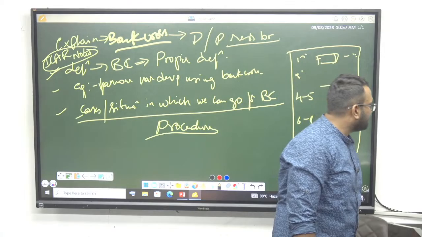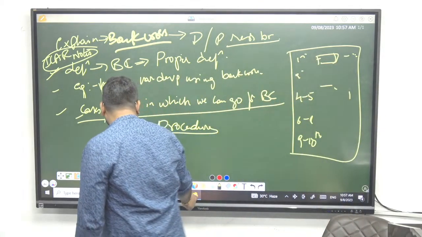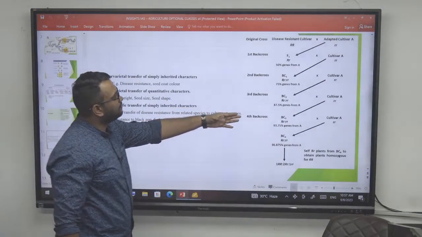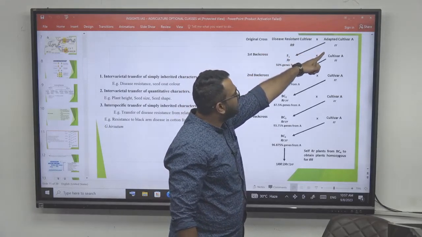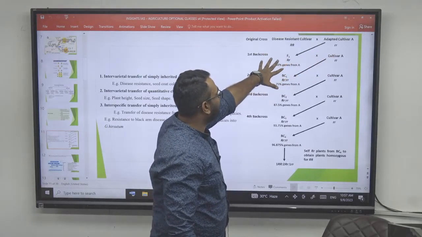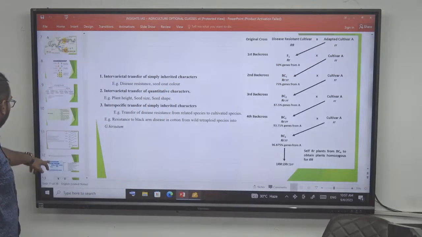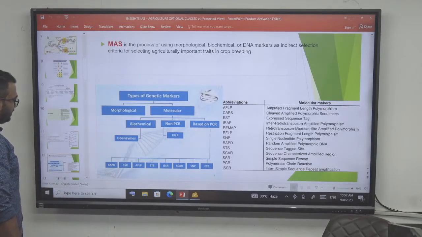So that's why it is a much better way of presenting the content. Clear? So that is for this back cross. The same procedure is given here, right? If you can see here, it is a resistant cultivar, but this is an adapted variety. So now it is going to be crossed in this way. Clear? Right.